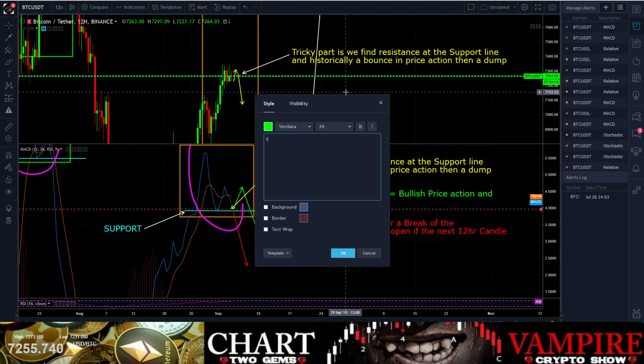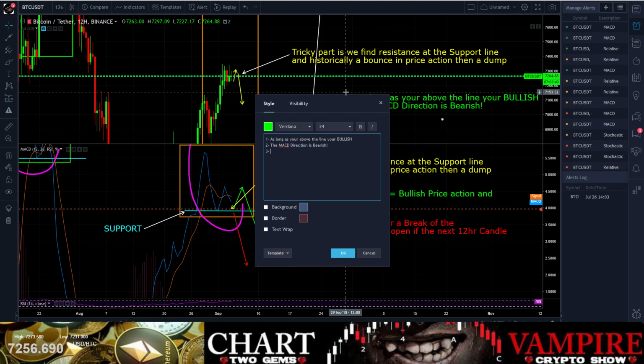So we'll say 1, bullish. 2, the MACD is bearish, right? So the MACD direction is bearish.